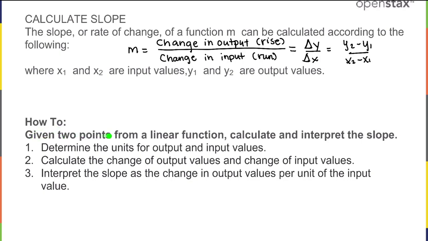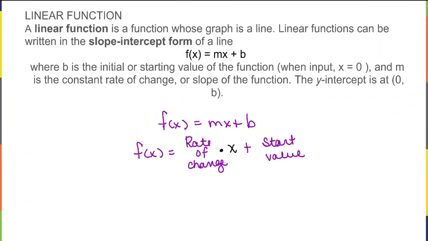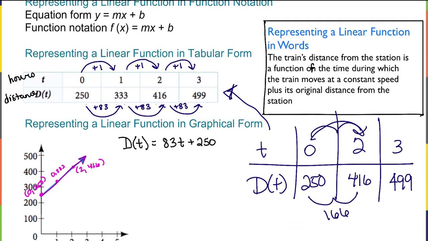How to, given 2 points from a linear function, calculate and interpret the slope. First, determine the units for output and input values. Let me just go back up to the train problem. The output value was distance, and the input value was hours.